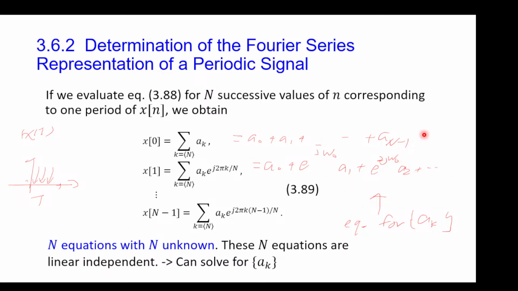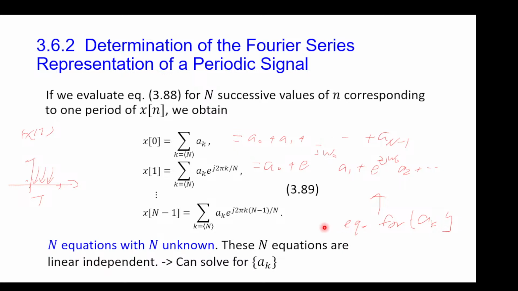You see that basically you have a linear system of equations for a_k. You have a0 to a of N minus 1 with different coefficients here, and they equal x0 to x of N minus 1, which you can think of just as numbers. So here you have big N unknowns with big N equations, and you can show that those equations are linearly independent, so you can solve for those a_k by just solving this linear system.